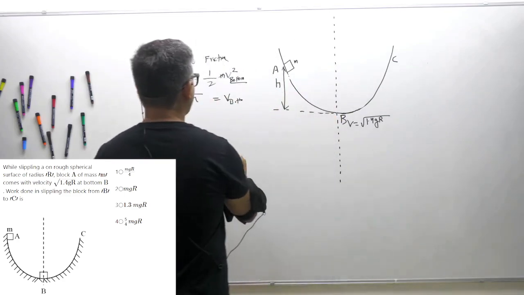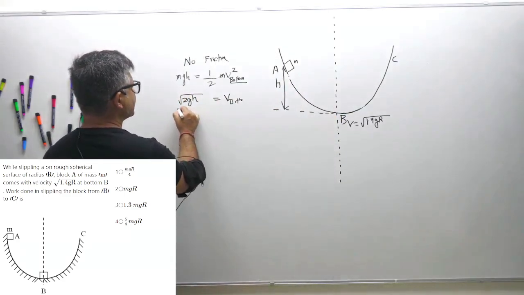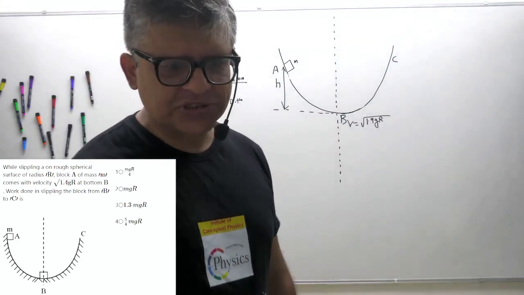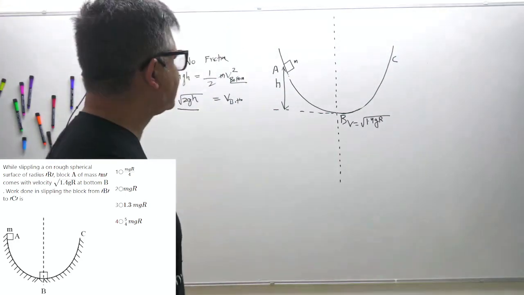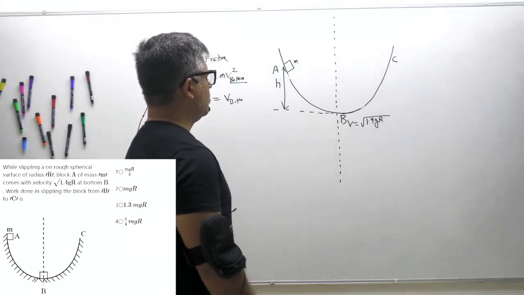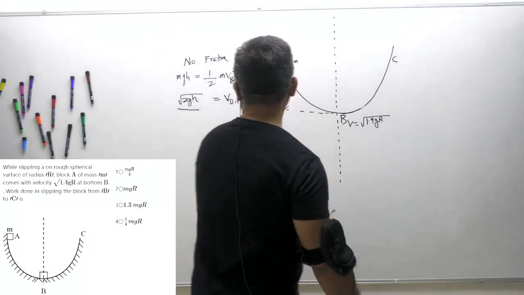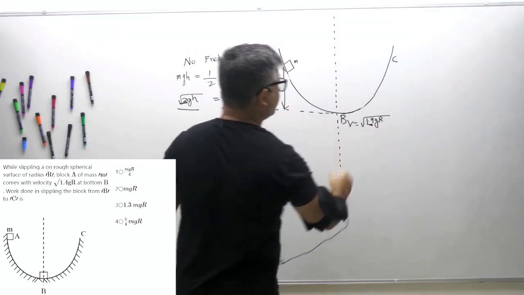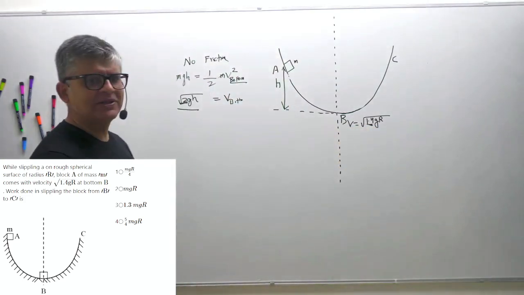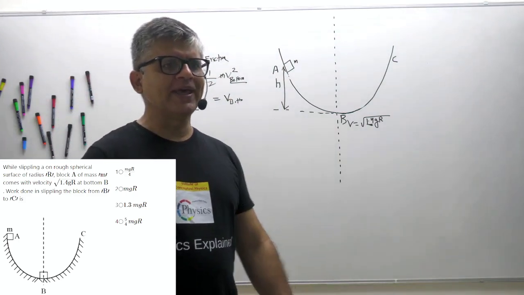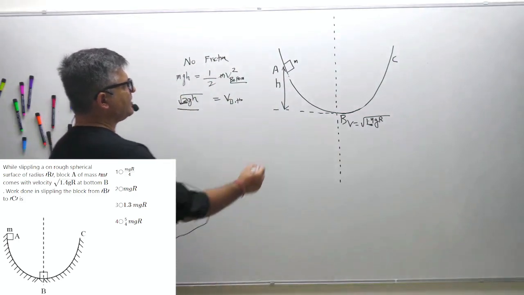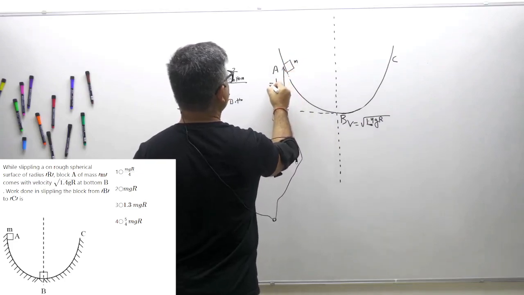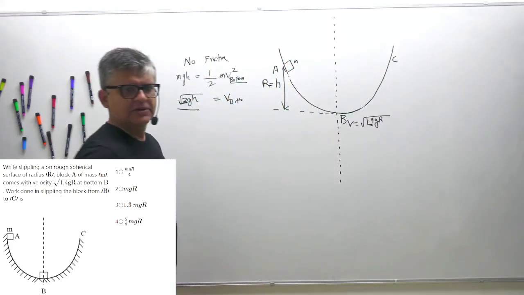So you are getting VB as this, whereas the actual velocity you have got in the question at the bottommost point is under root of 1.4 gr. You can see the difference. This is under root of 2gr, this is under root of 1.4 gr. I'm assuming what they're showing in the question is a semisphere, and therefore the height which is being referred to is equal to r.